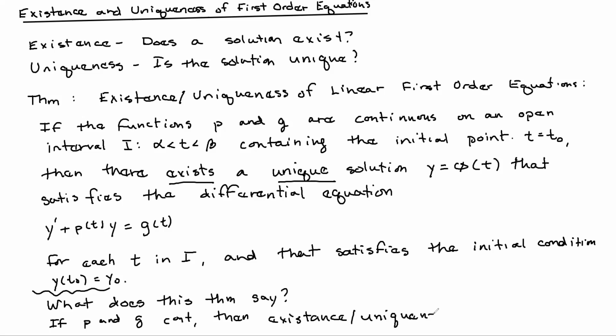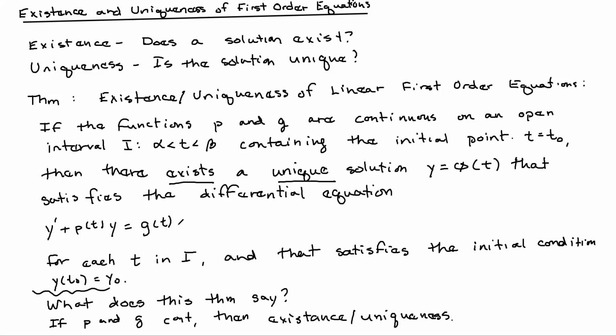That's the short version, right? And in particular, what are they continuous on? They're continuous on an open interval. So we have to have some region where they're continuous. If they're continuous on a region, then we're guaranteed to have a unique solution in that region. And that's the major part of it.